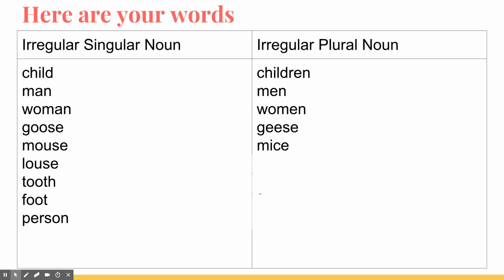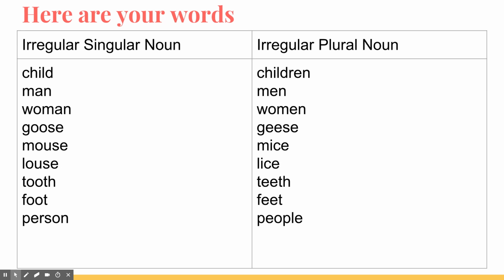And the plural of a louse is lice. Plural of tooth is teeth. Plural of foot is feet. And the plural of person, believe it or not, is people. Talk about not following the rules.